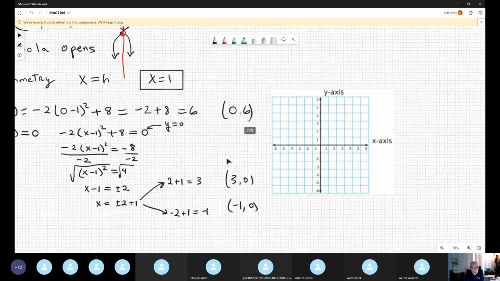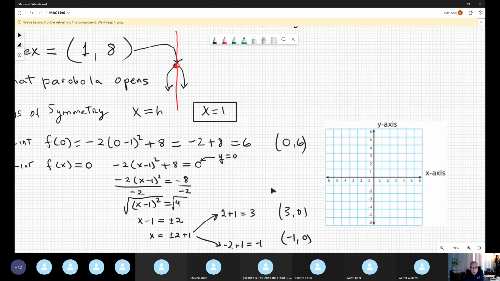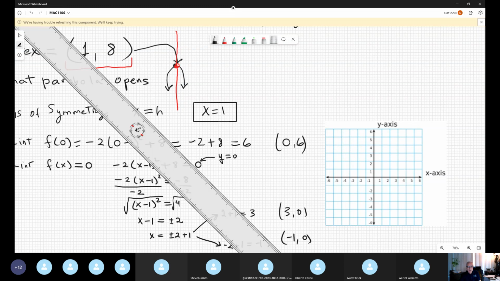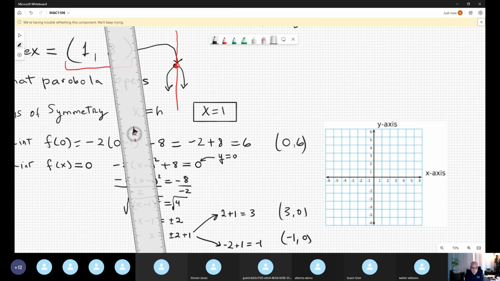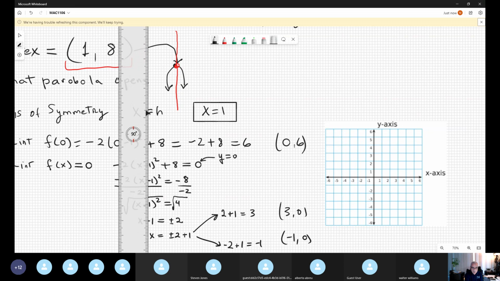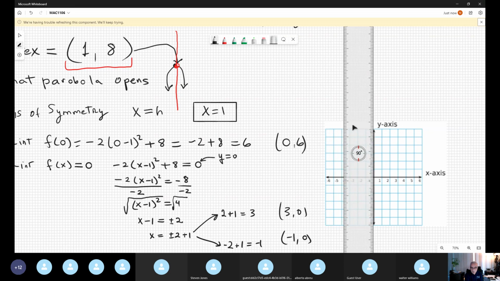Okay, good. Let me summarize the important points. The important point is the vertex, that one. I plot that. Well, this rectangular coordinate system is no good, because we only go to 6 and we need 8. No problem, I extend the y-axis a little bit.